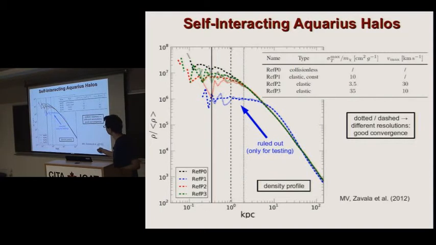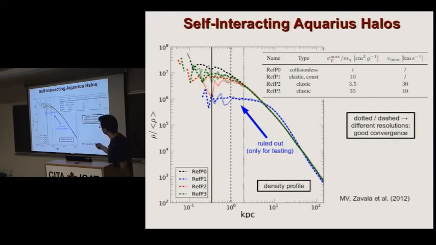This is shown in black here. The second one is reference point 1, which is similar to the models that were explored 10 years ago, although the cross-section is a bit large, of course. This is just a constant cross-section, shown in blue here, and you form this huge core, which is, of course, completely ruled out by many observations, and is completely violating the cluster ellipticity measurements and so on.